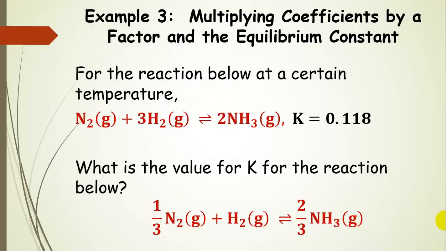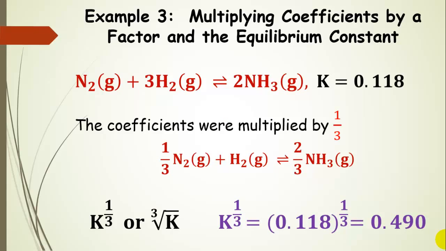So let's go back to this ammonia reaction. And what we are going to do is multiply each of those coefficients by a factor. So take a look at our new reaction. What did we do? Each of those coefficients in our reaction here was multiplied by 1/3.